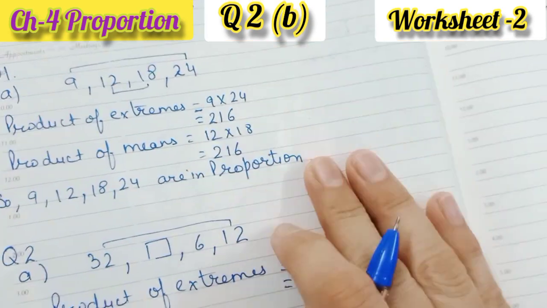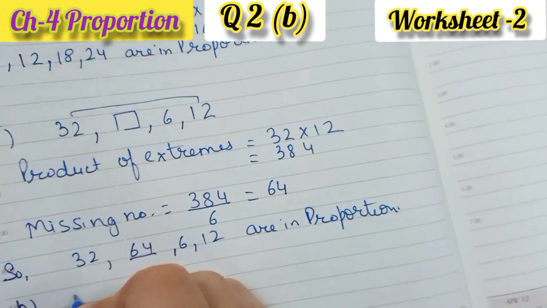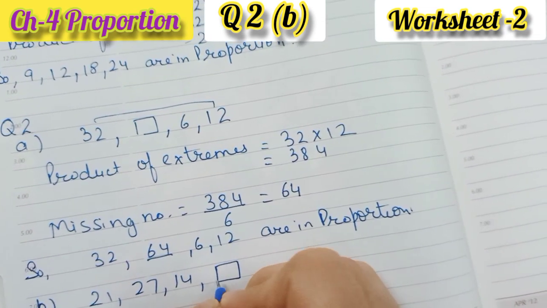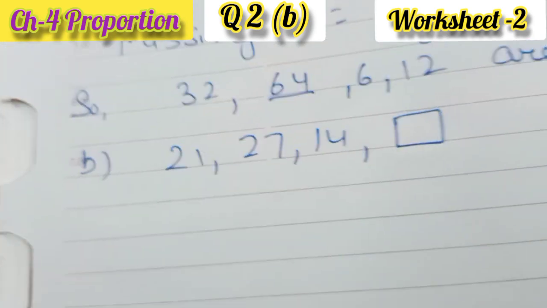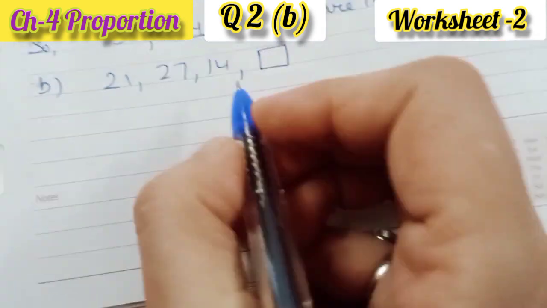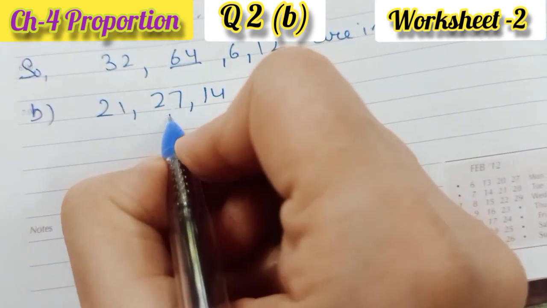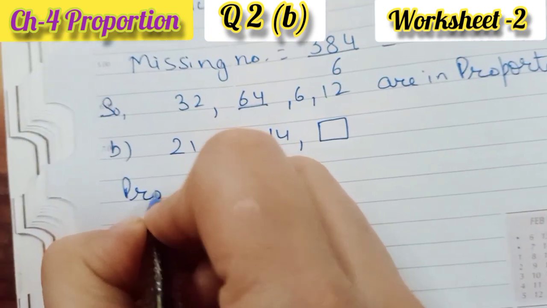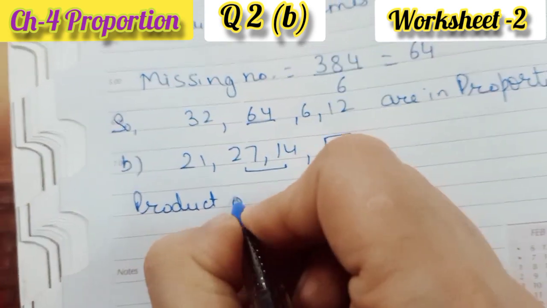Next, 21, 27, 14 and one missing number. So in this question, both means are given, so we will find the product of means.